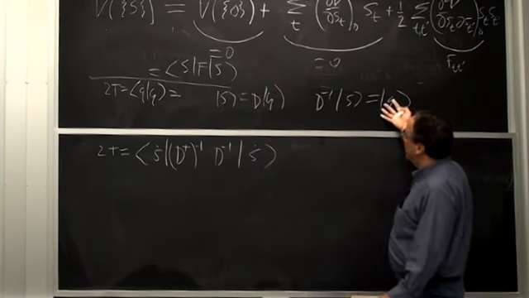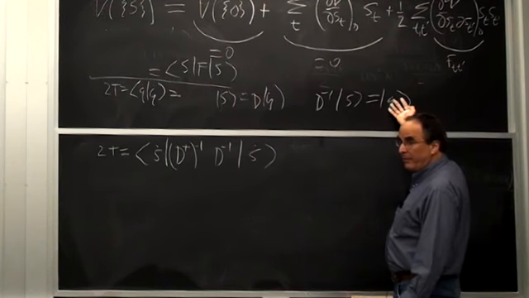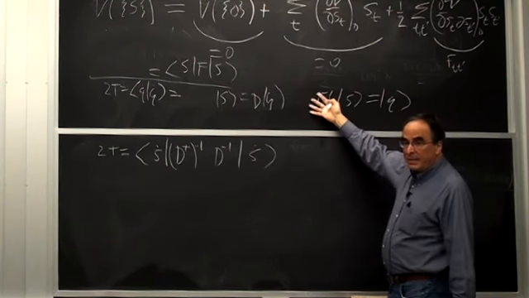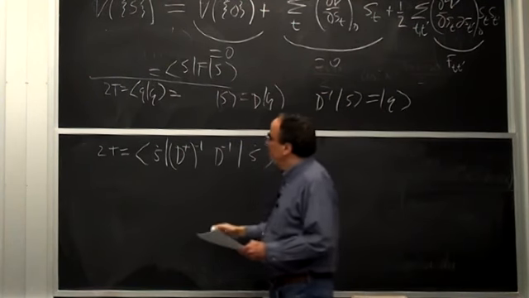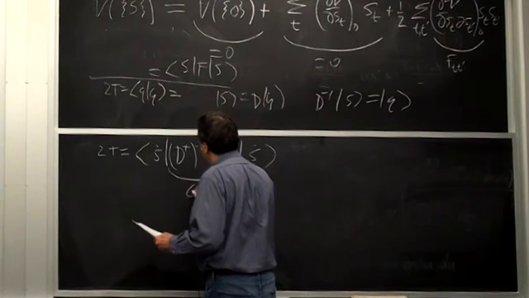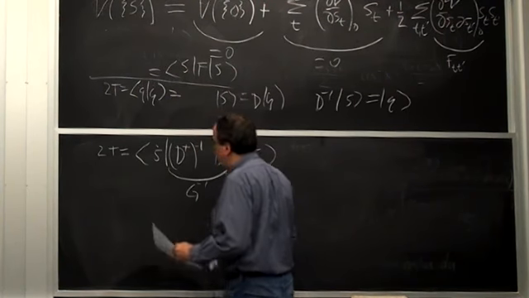Okay, all I did is exploit this. We could take the time derivative of both sides of this equation. D is not time dependent, and so we have this. And we just call this G minus 1.